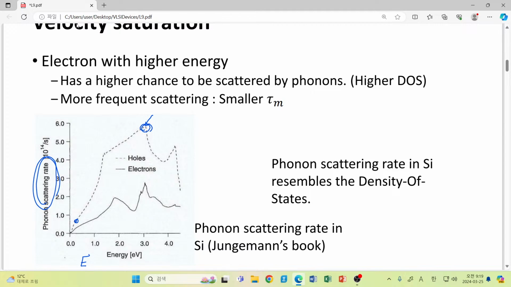This one has a relatively low value of scattering rate. It means that if your hole is located at this energy range, it is not that much scattered. But if one hole is quite lucky and accelerates and eventually goes to this high energy level like 3 electron volt, then every surrounding scatterer will try to hit this lucky hole.